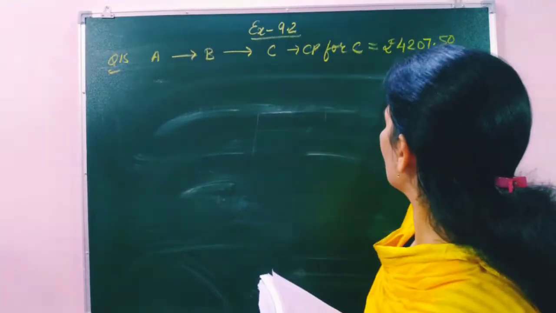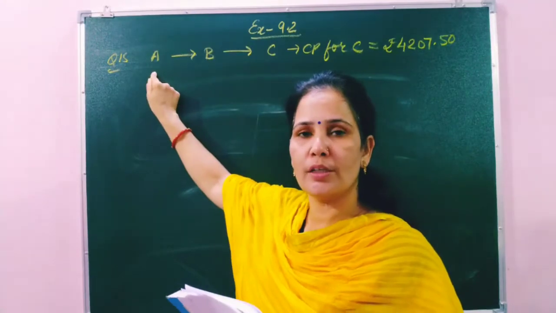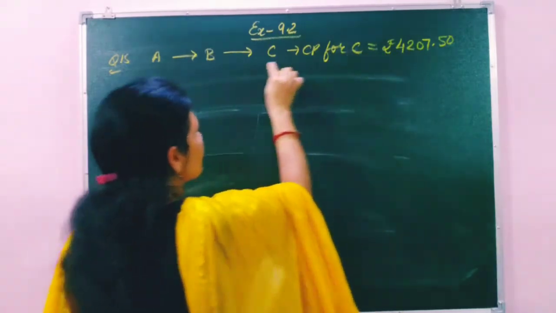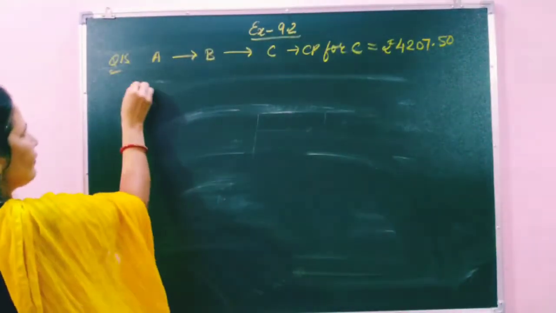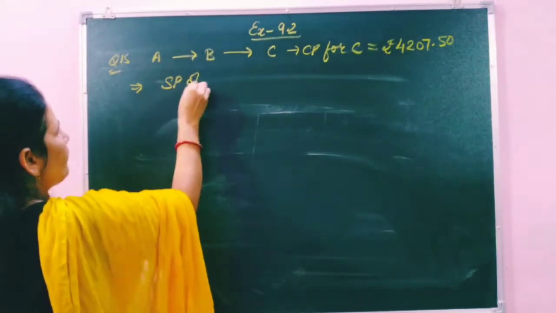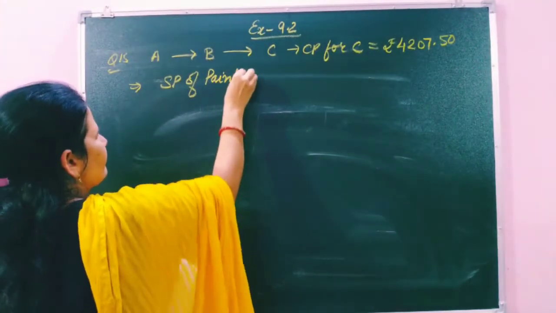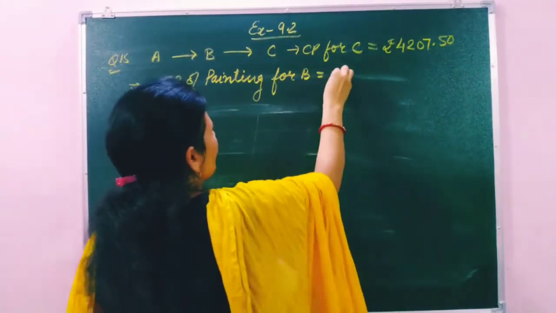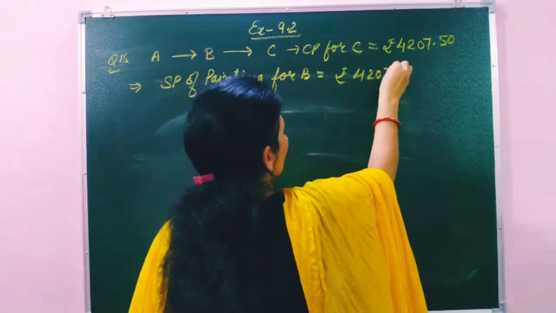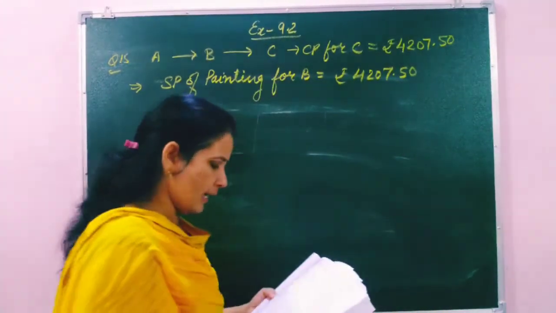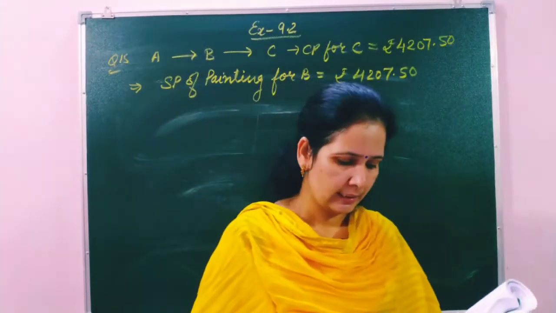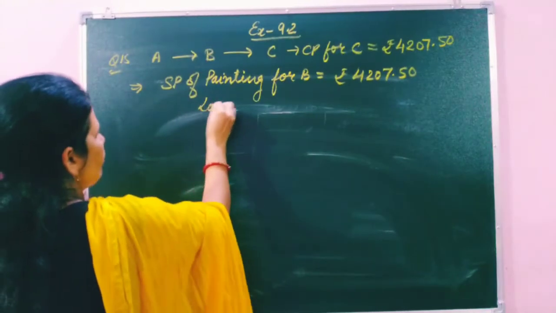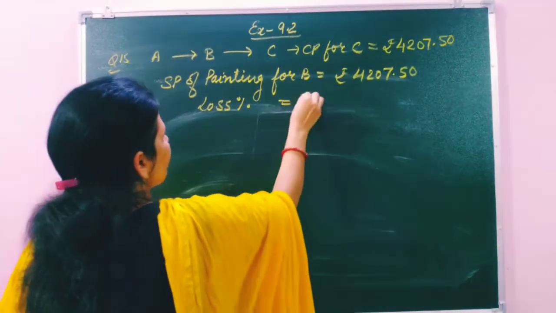So students, from here we will move in reverse. This cost price is the SP for B. So here we will write the selling price of the painting for B is rupees 4,207.50. And at how much loss did he sell? At 10% loss. So here we write loss percentage, that means 10%.